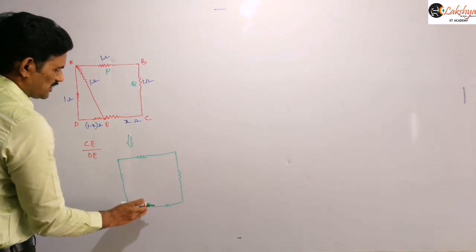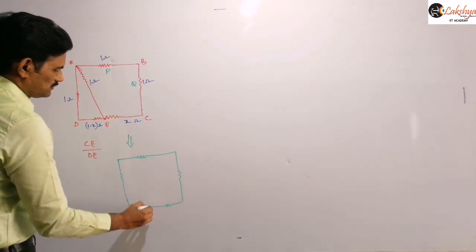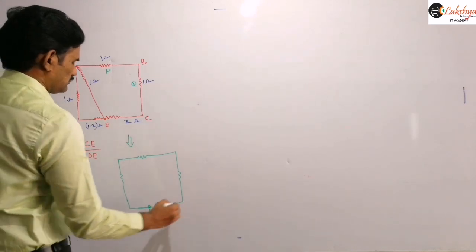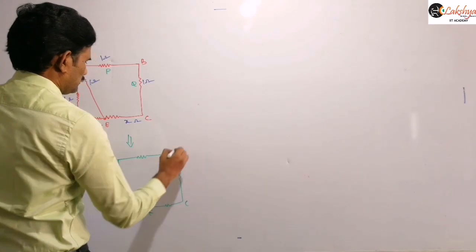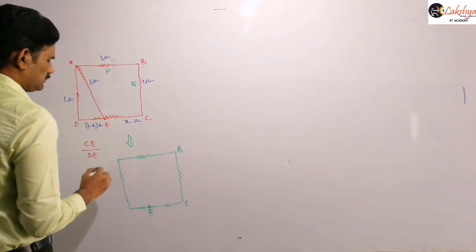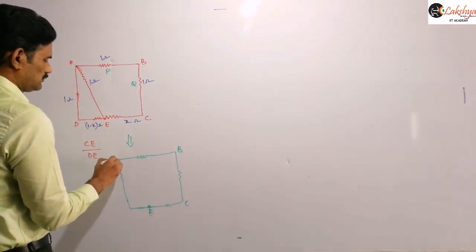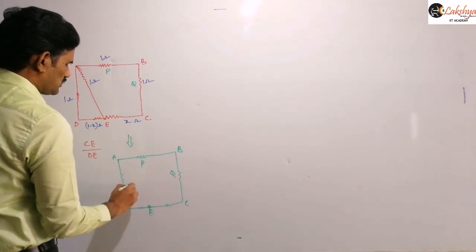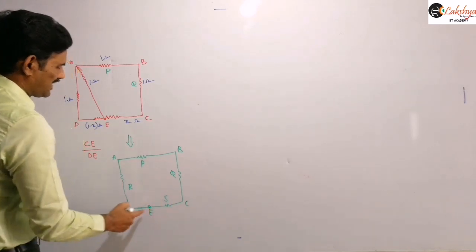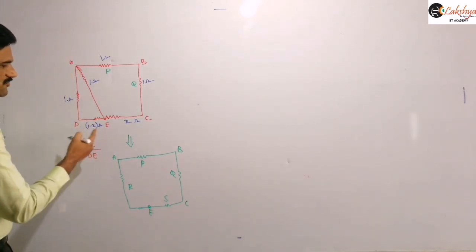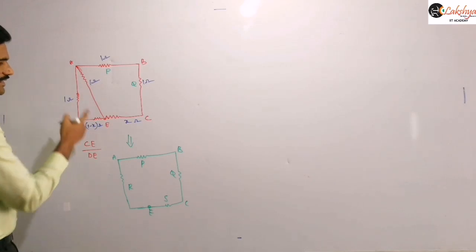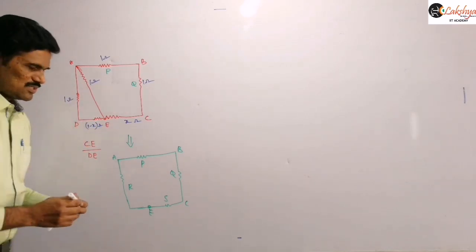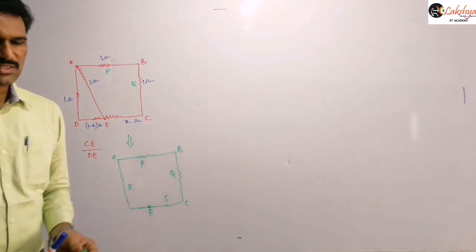So this total effective resistance we need to represent here. Then this is P, Q and this will be R and this is S. Now R is the effective resistance between A and E, between these 2 points. So let us calculate the effective resistance between A and E first here.